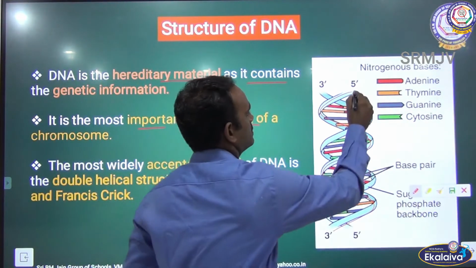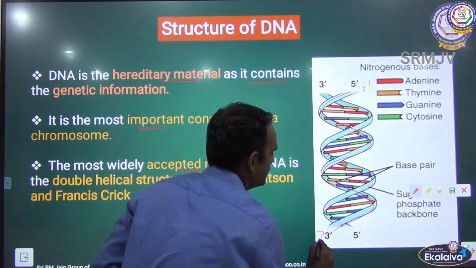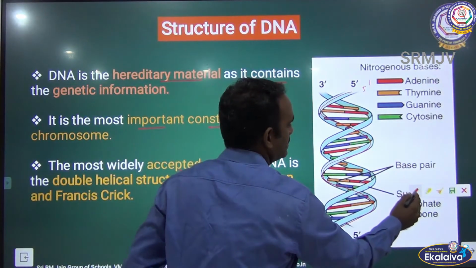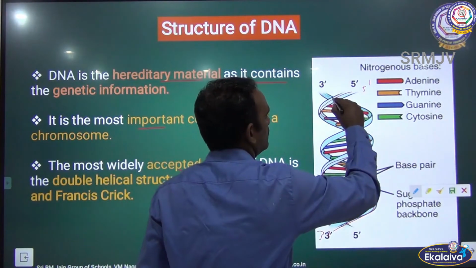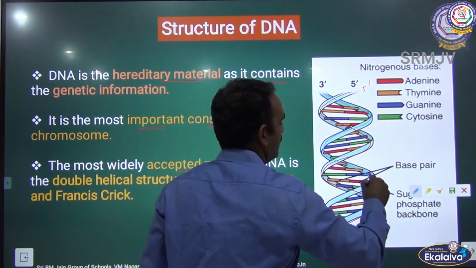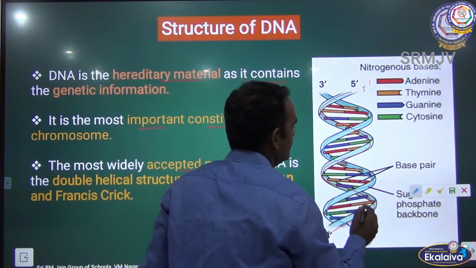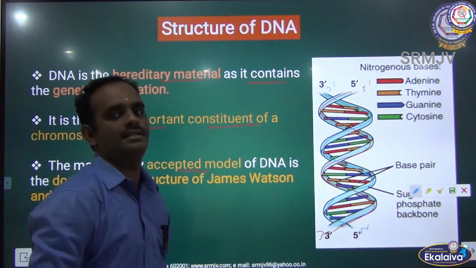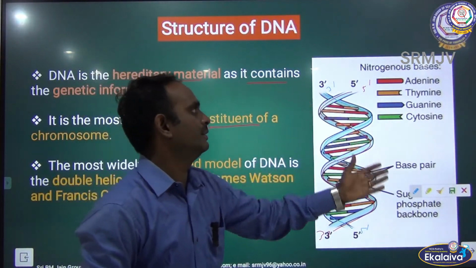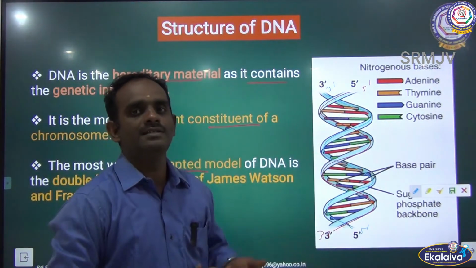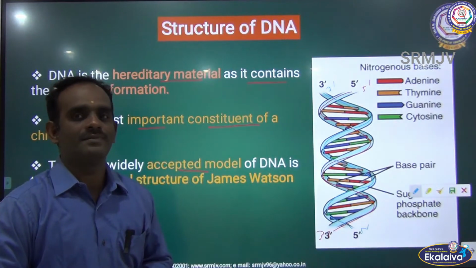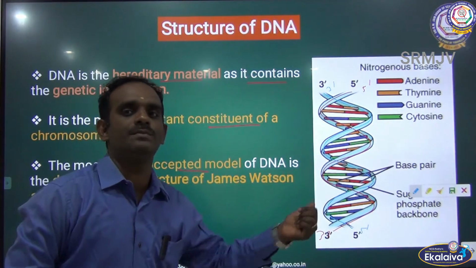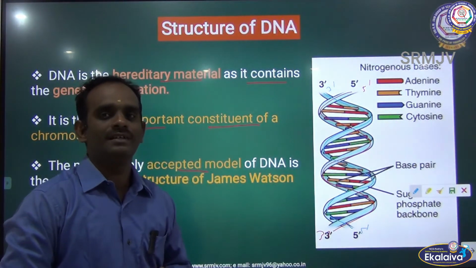One strand runs from 5' to 3' and the other strand runs from 3' to 5'. This structure proposed by James Watson and Francis Crick is the most acceptable model of DNA.